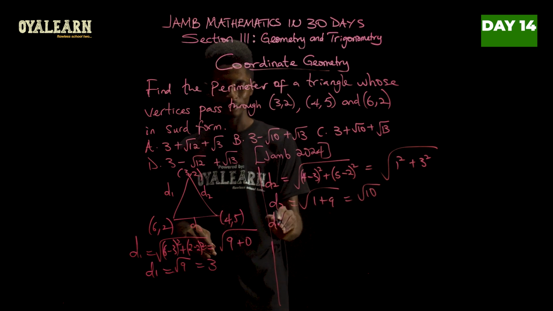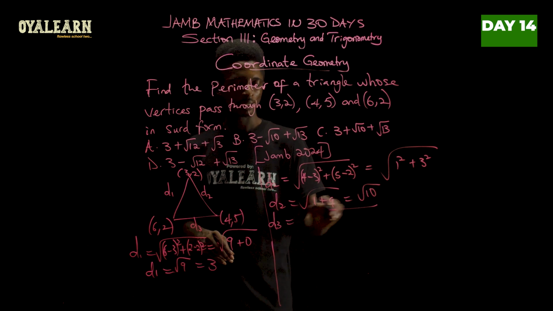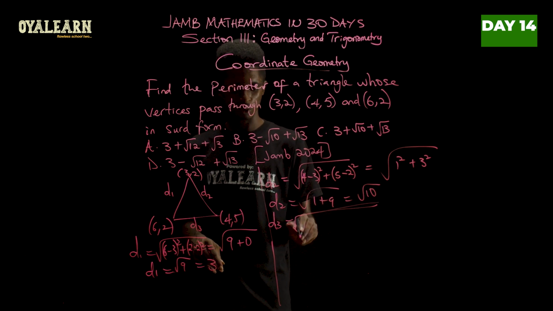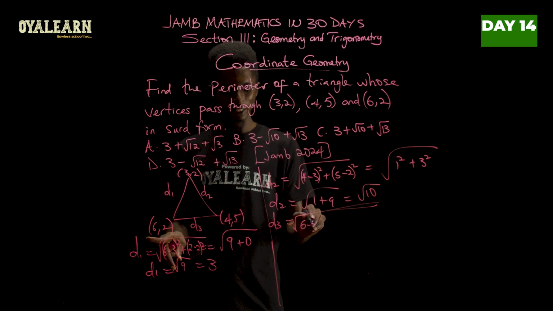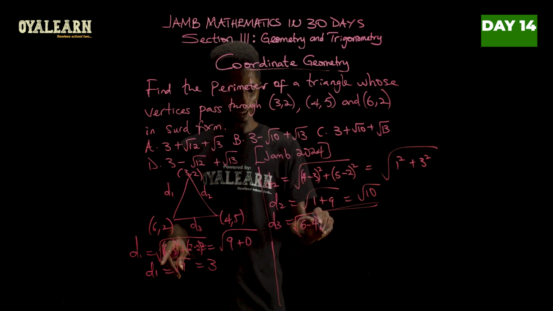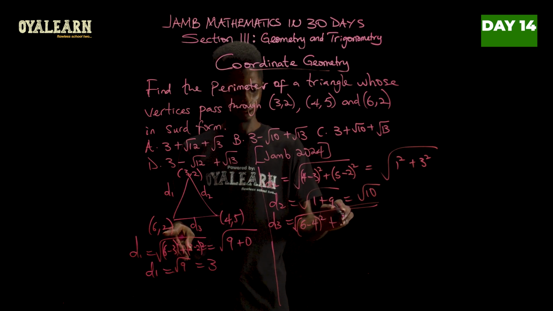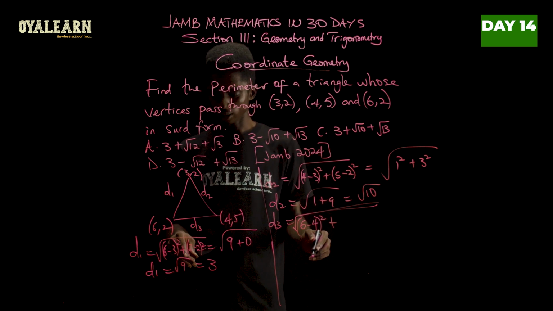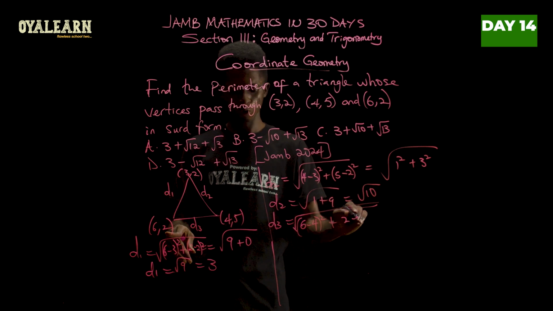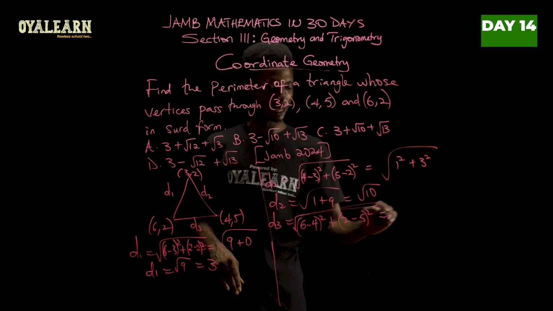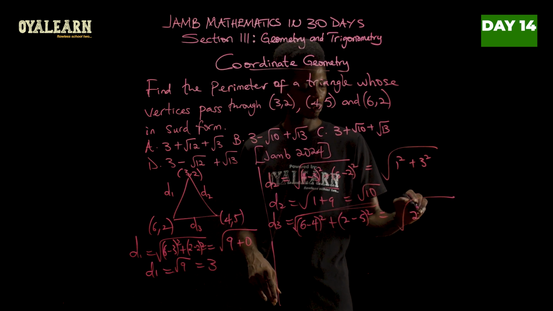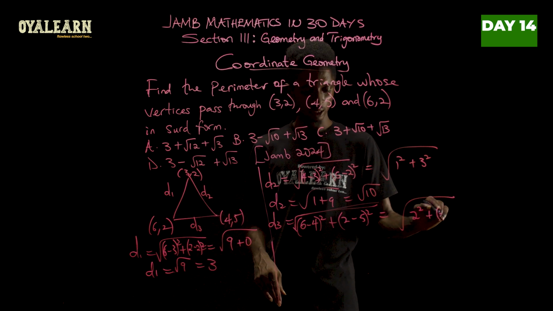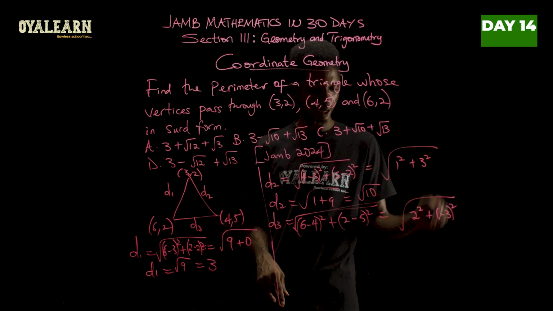And then D3. D3 will be square root as well of, now we're considering this part now, so we have (6 minus 4) squared plus, the difference here would be (2 minus 5) squared, and this will give us square root of 2 squared plus, this is minus 3, so squared.